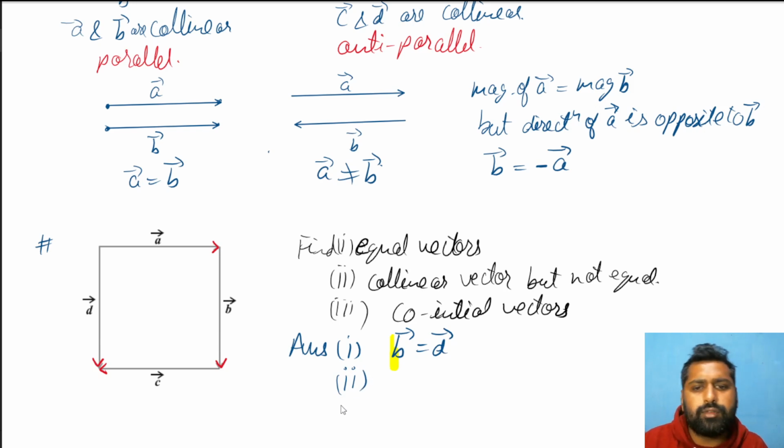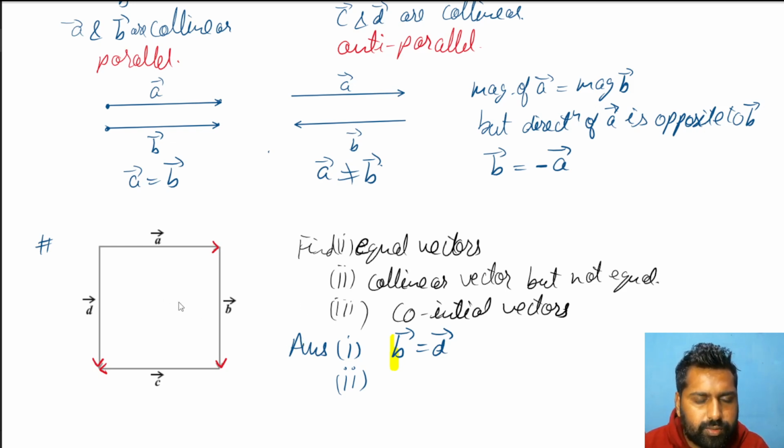Next we have to talk about collinear vectors, meaning they can be parallel or anti-parallel but not equal. So that means they should have same direction or opposite direction. Collinear but not equal. Collinear means parallel or anti-parallel, both. Okay, let's see.